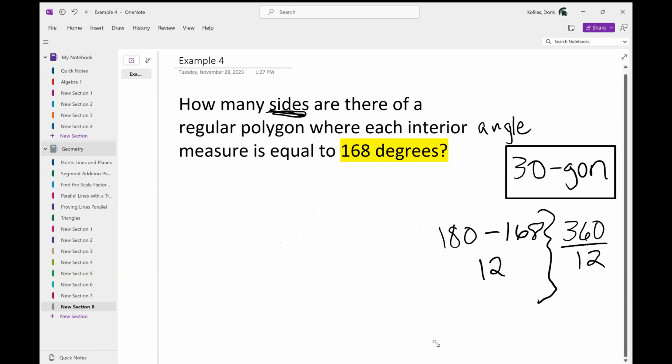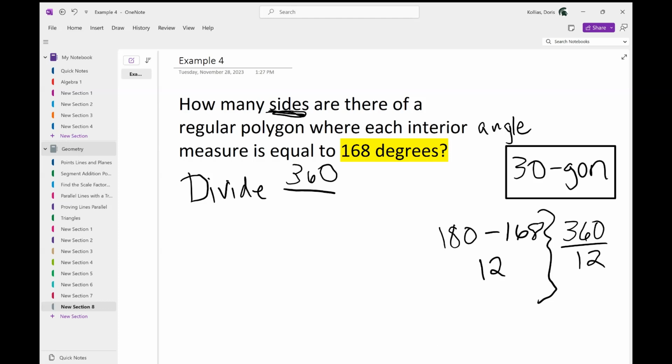So what we're saying is just divide 360 by the difference between 180 and the given angle measure.